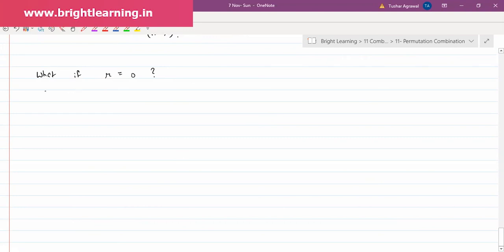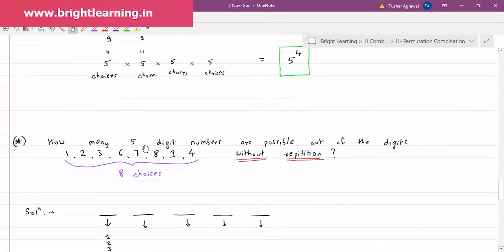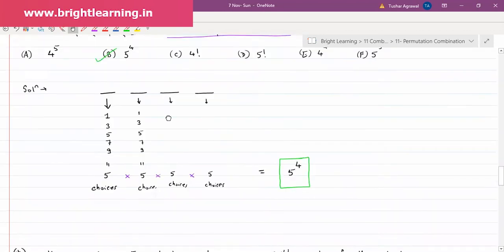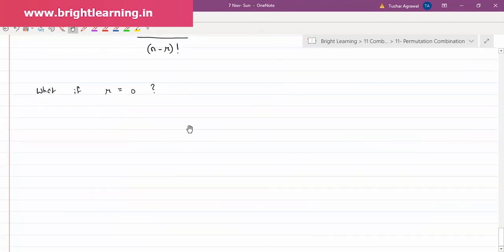Okay, so this is one of the what-if r equals 0 cases. Let's say I tell you, out of 5 distinct objects, in how many ways can you arrange one object? In how many ways can you arrange one object? Before the star questions, 5 questions we have solved, no? Then 2 star questions we solved. Okay, so question number 6 now I'll give you.